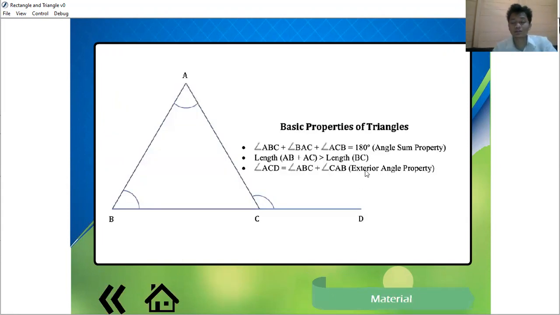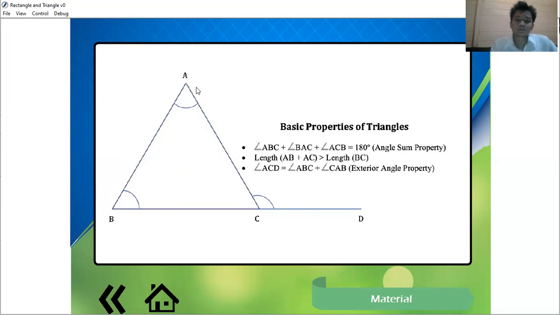Next are the basic properties of triangles. Here the angle sum property is angle ABC plus angle BAC plus angle ACB equal to 180 degrees. The triangle inequality: length AB plus AC is more than length BC.